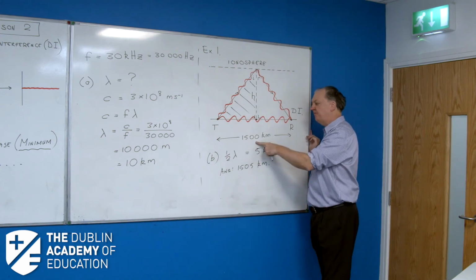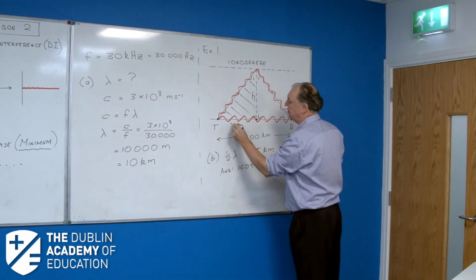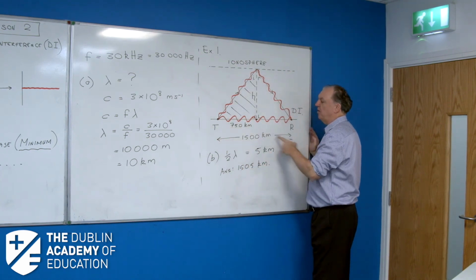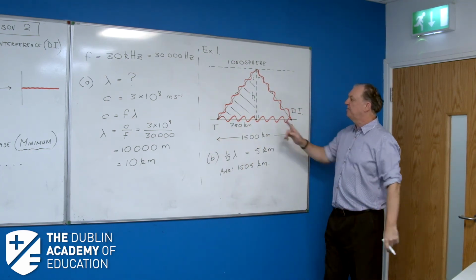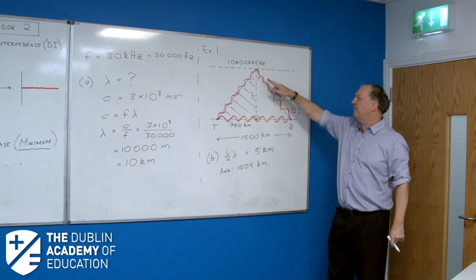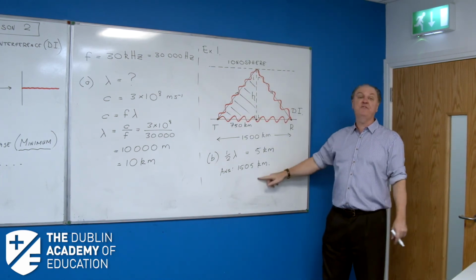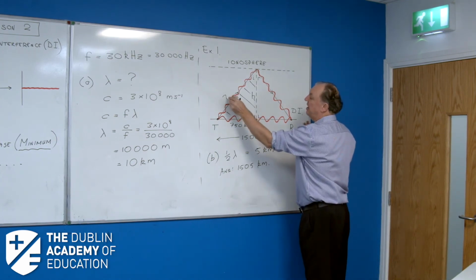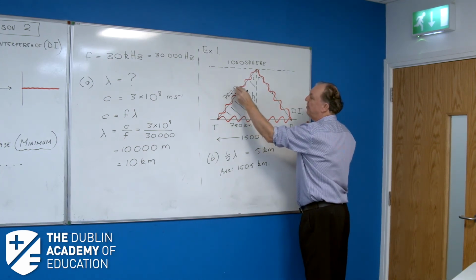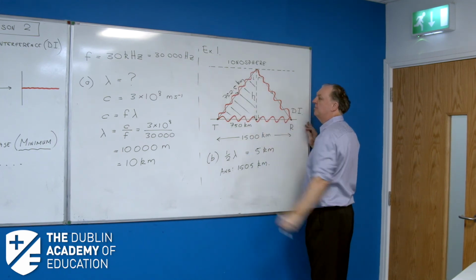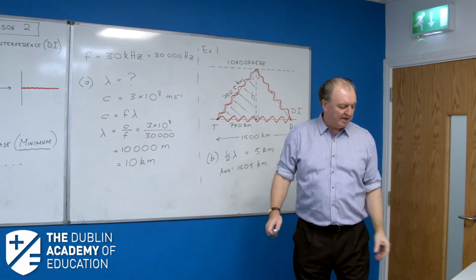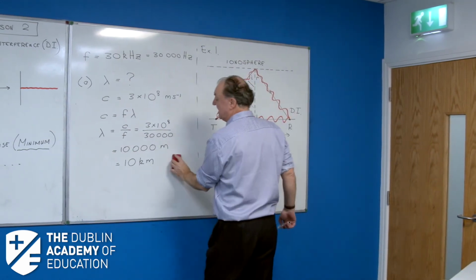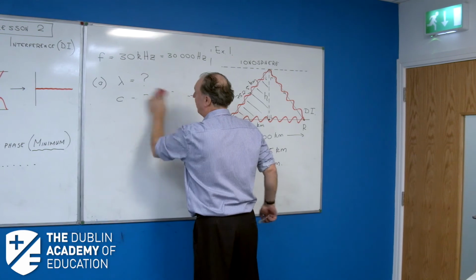If that's 750 kilometers, this here is 750. So it's 1500 from T to R, that's 750. The total distance to go by bouncing it off the mirror in the sky, that's 1505. Divide that by 2. That means each side is 752.5 kilometers. So now I'm going to do a little bit of Pythagoras. If it's not very clear to you, you could draw it out.